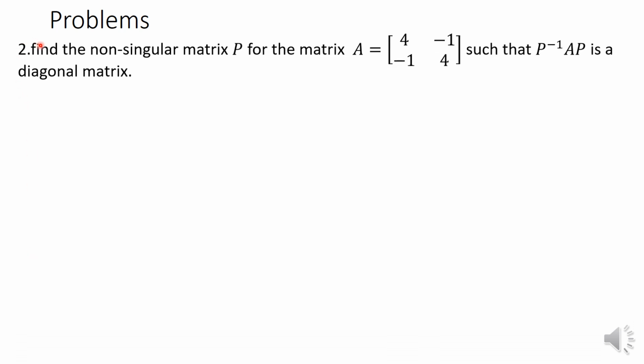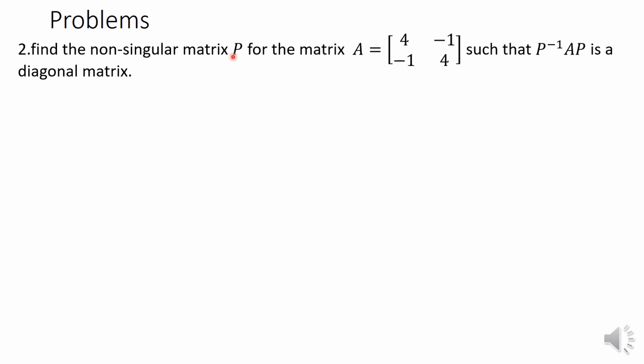Okay, dear students, let us see the second problem on diagonalization of a real symmetric matrix. The problem is: find the non-singular matrix P for the matrix A = [4 -1; -1 4] such that P inverse AP is a diagonal matrix.